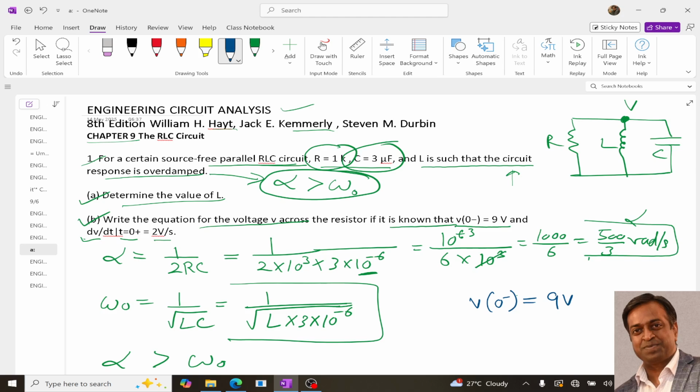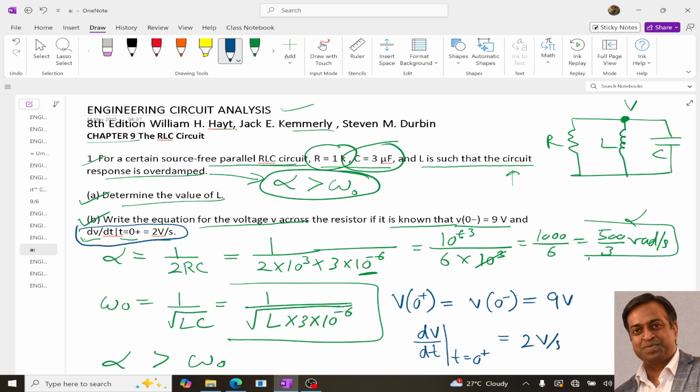We know that if the voltage at 0 minus is 9 volts, the same voltage will be there at 0 plus also. So this is the first condition, and the second condition given is dv by dt at t equals 0 plus, which equals 2 volts per second.